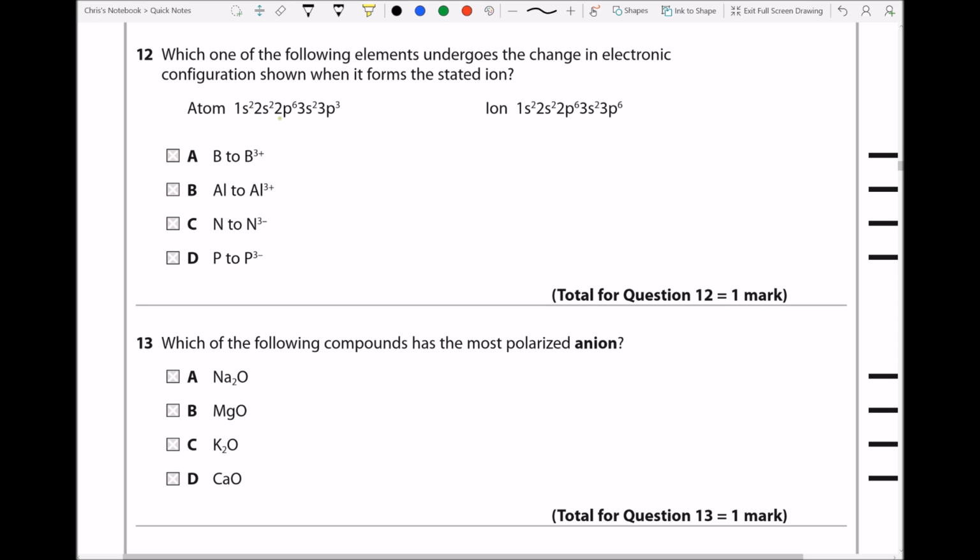Now, if you add 3 electrons, if you look at the difference, this is the ion. Look, the ion has effectively gained 3 more electrons. So that must mean we have to form a negatively charged ion because we're gaining negative electrons. Look, there's the difference. So it has to be between C and D.